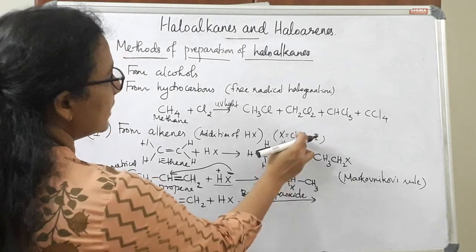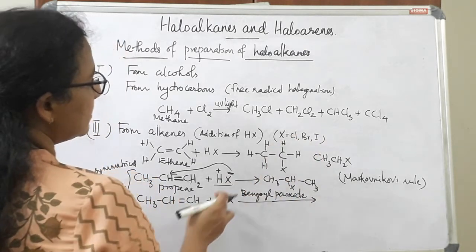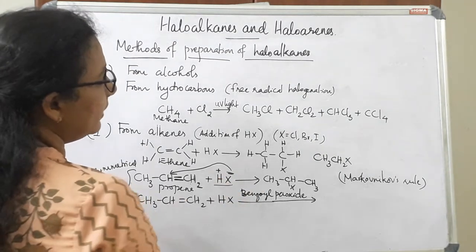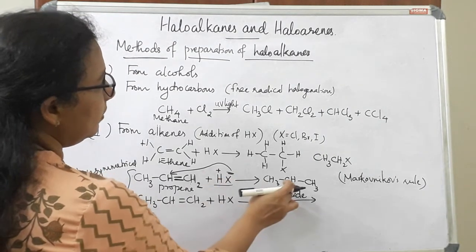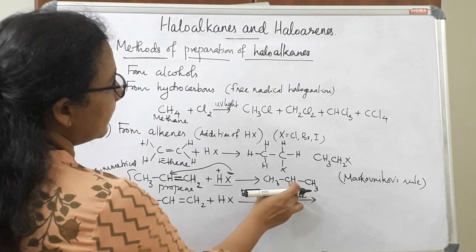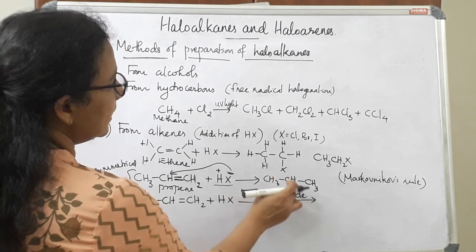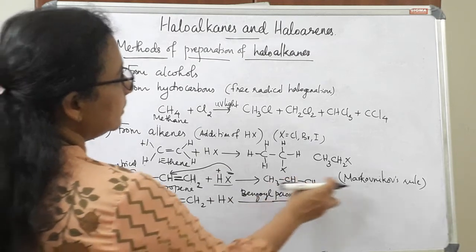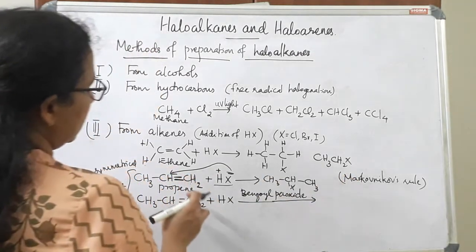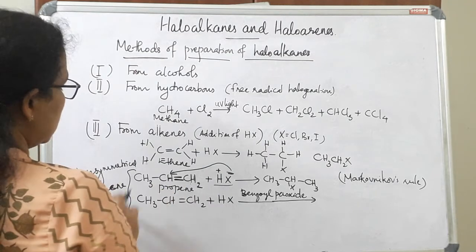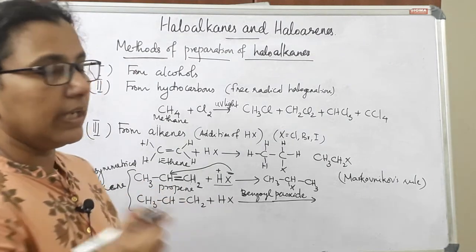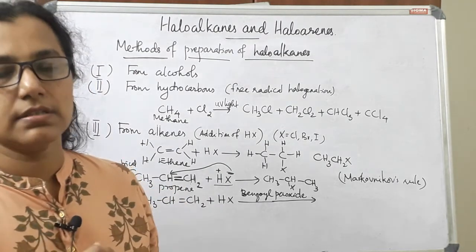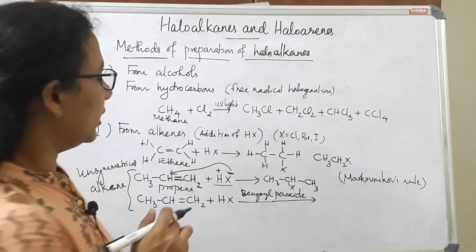So in most of the cases bromine is used, or hydrogen bromide will be the adding molecule. So here we can expect a bromine atom. This product is according to the Markovnikov's rule. So this is the first case. So if we are taking an unsymmetrical alkene, it is according to the Markovnikov's rule.